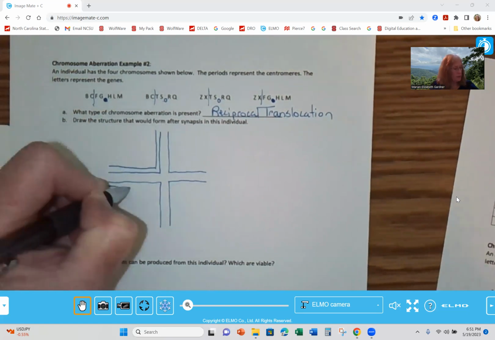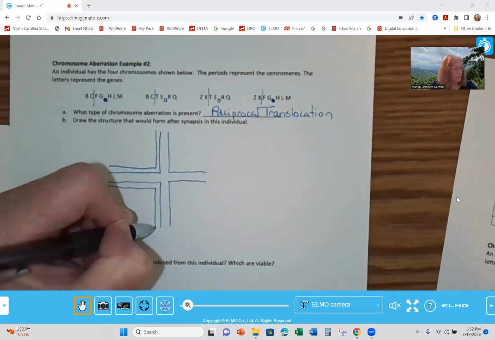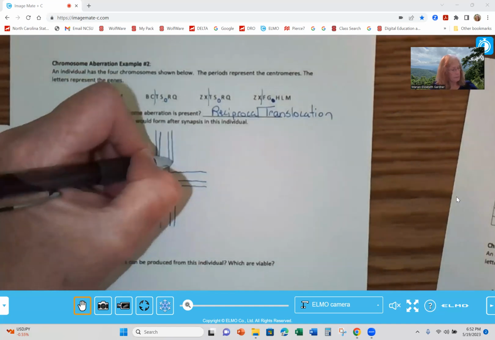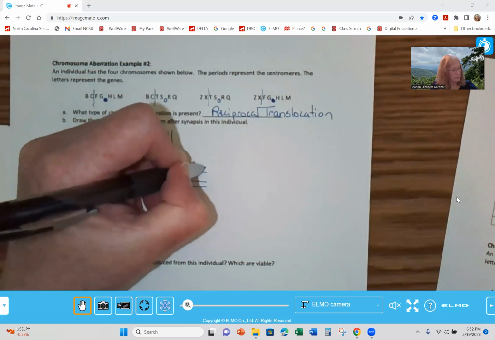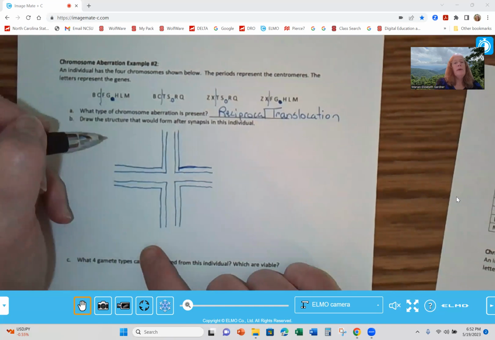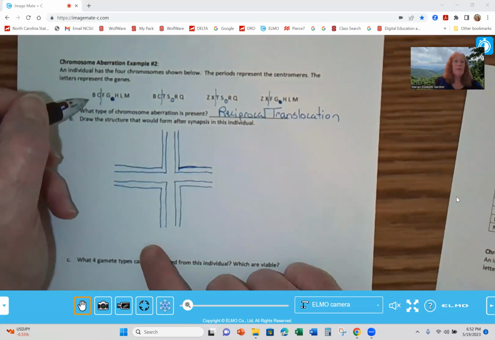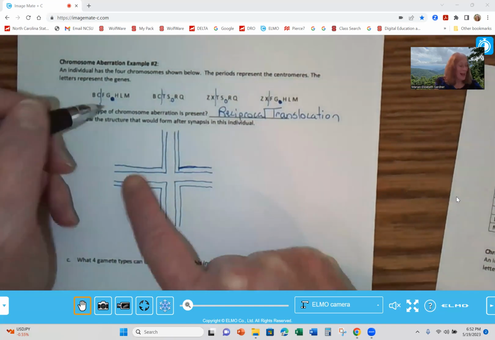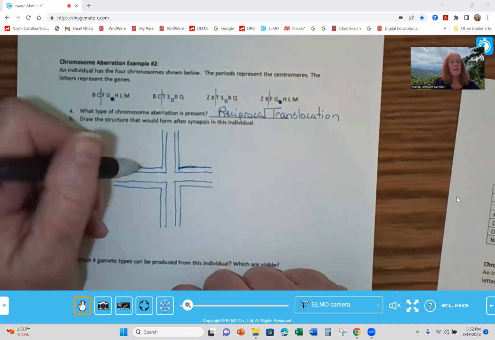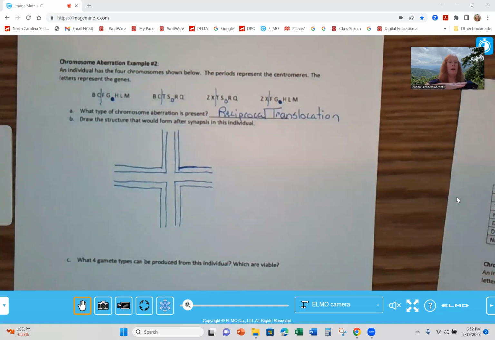And we'll put the centromeres in a little bit where we figure out where we want them. That's one line. Okay, you can start labeling with any of these. And I usually just pick whichever one was listed first and start putting it on the upper left, but it doesn't matter as long as you end up pairing the homologous centromeres and pairing the homologous genes.